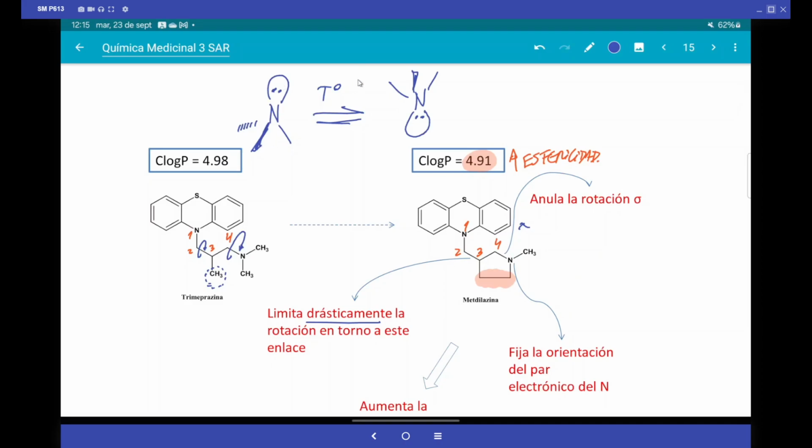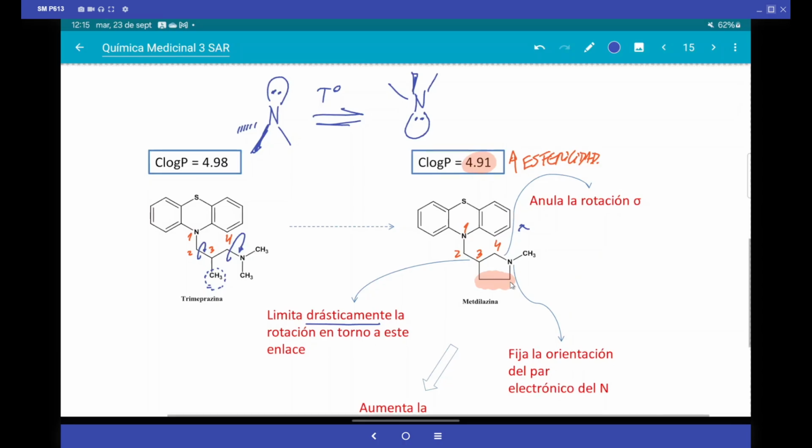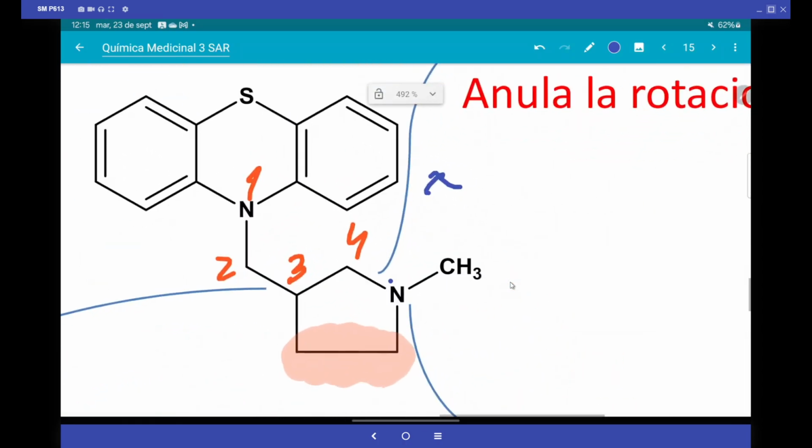It is not, because the electronic cloud moves very fast and interconverts one into another, but here this game is limited by being cyclized. The inversion is much more difficult, and therefore the electronic pair remains fixed in space for longer, and its protonation is easier, because the electronic pair can now capture a proton with much greater ease, whereas otherwise it is moving from one side to the other.